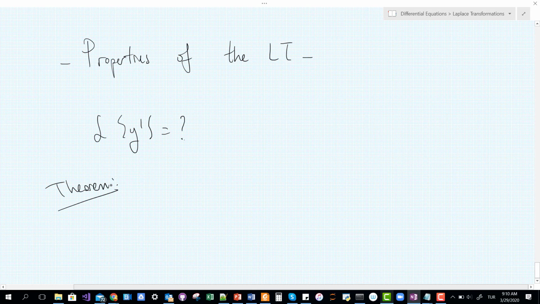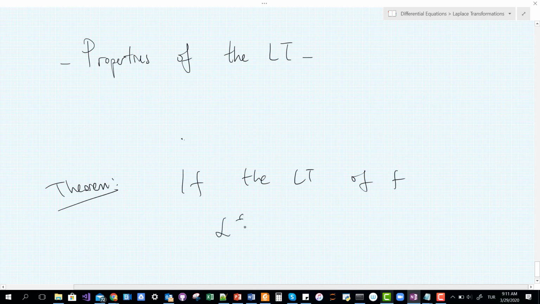I can give you this theorem about multiplying the function by the exponential function. There is an easy way to take the Laplace of that type of function. Look at it. If the Laplace transform of f, as you know, we denote f of t, and then F of s.